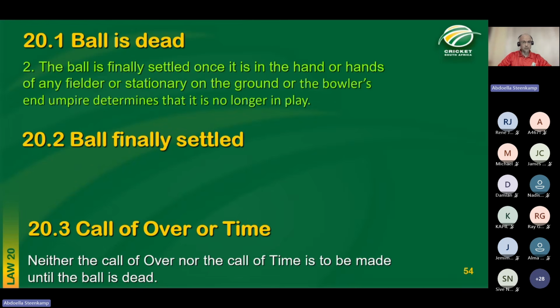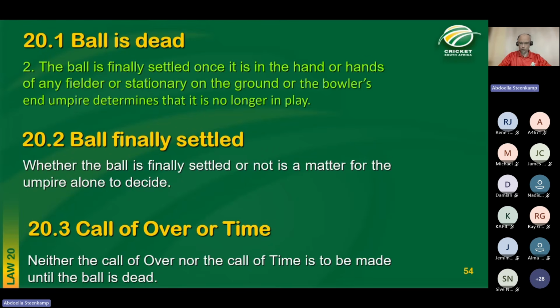So finally settled is up to the bowler's umpire. And the law emphasizes who decides whether the ball is finally settled: the umpires. They need to make that call. Not the fielders, fielding captain or batters. The umpires decide whether the ball is finally settled or not.